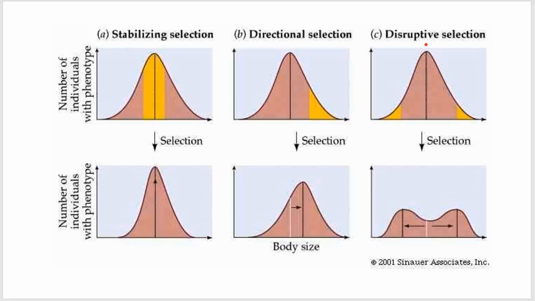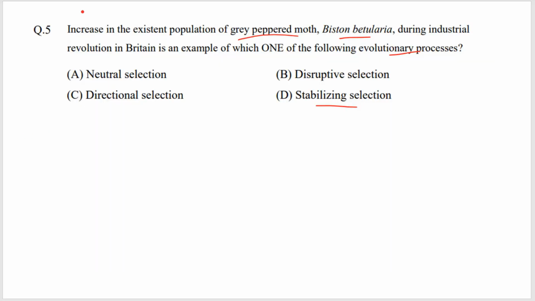And then there is disruptive selection, which after natural selection favors the extremes and not the stable population. So these are the three types of selection, and in this case, the evolutionary process for Biston betularia would be directional selection.